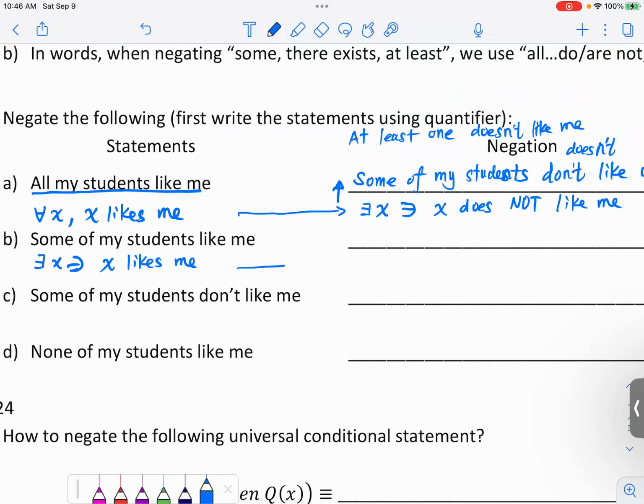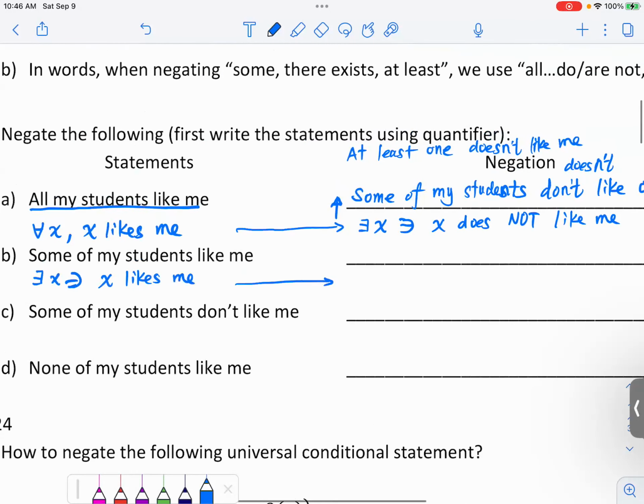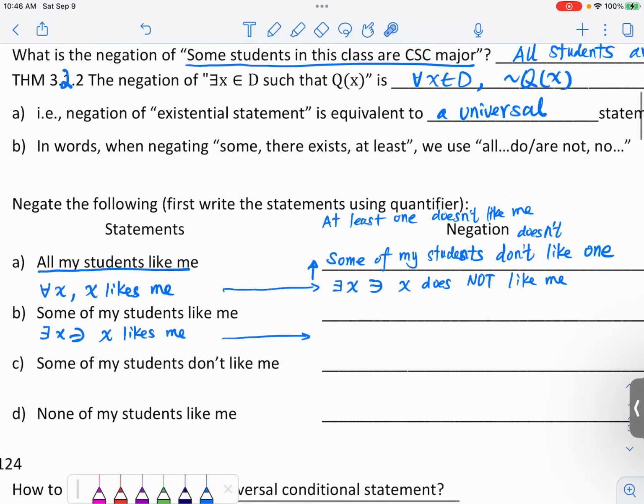Let's look at the negation, and quickly review: how do we negate an existential statement? The negation will be a universal statement with the predicate negated. So we say for all x, x does not like me.